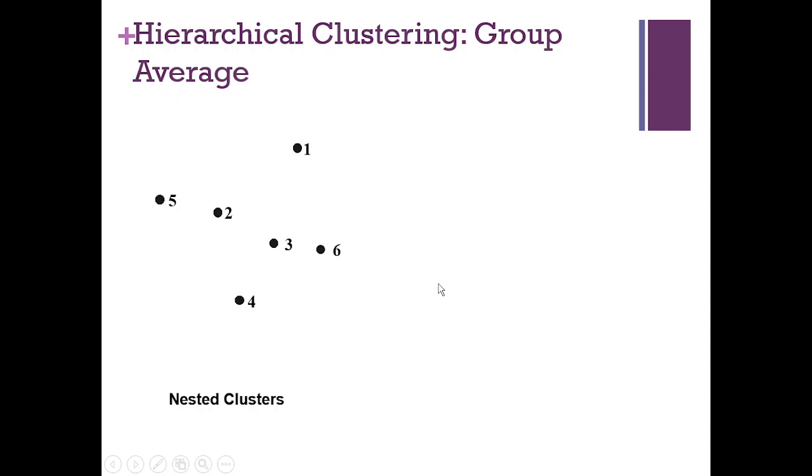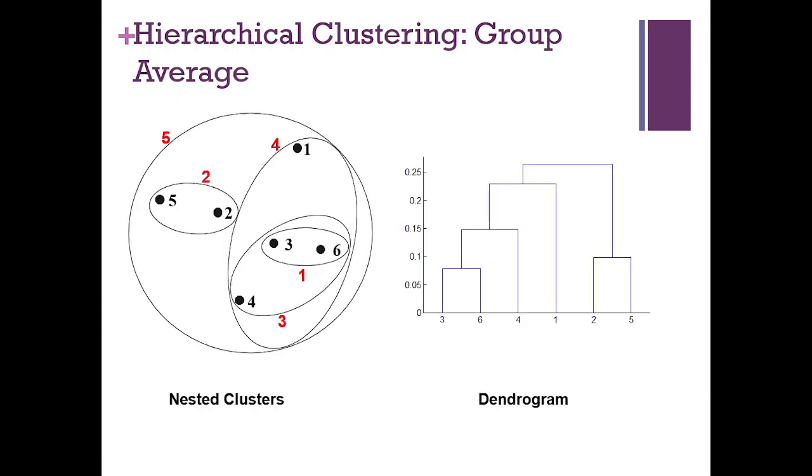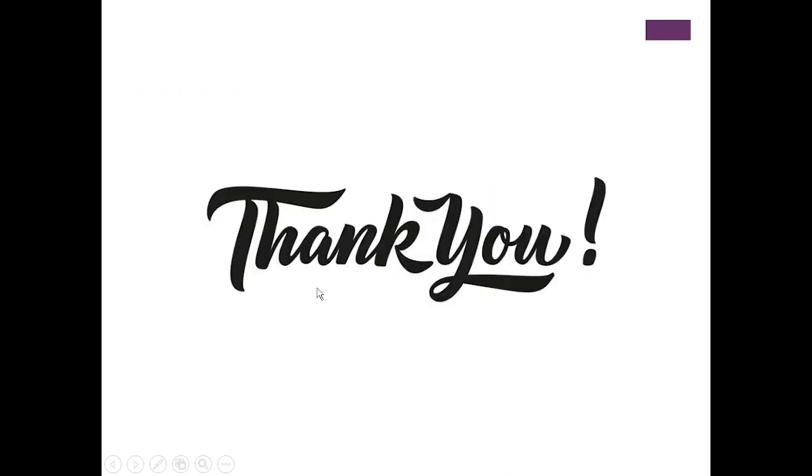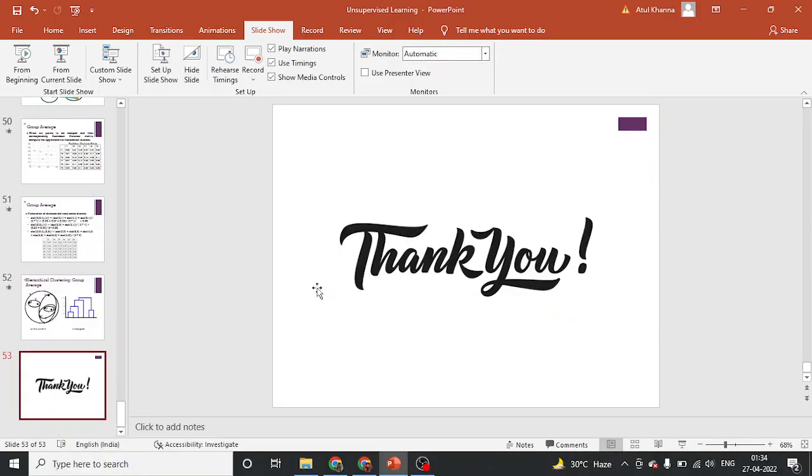So if we were doing hierarchical clustering using group average, the clusters made on the same data would be this. Now, all three we have discussed so far, if you check the dendrograms, are all different. So this is all for today. Thank you so much for being a patient listener. Hope you liked the session.